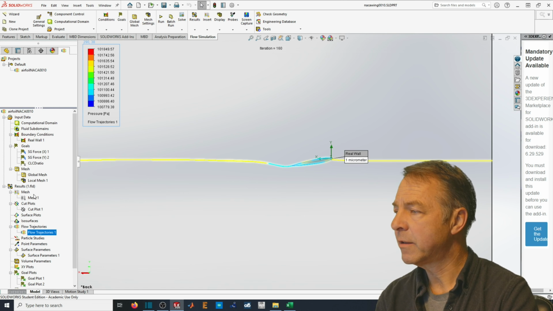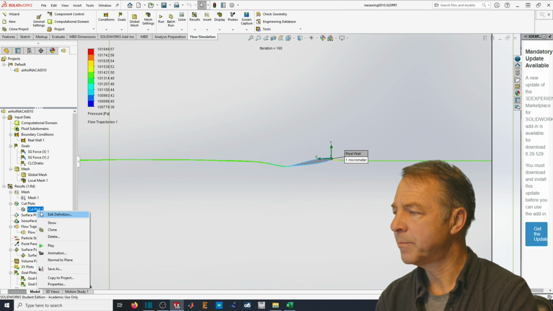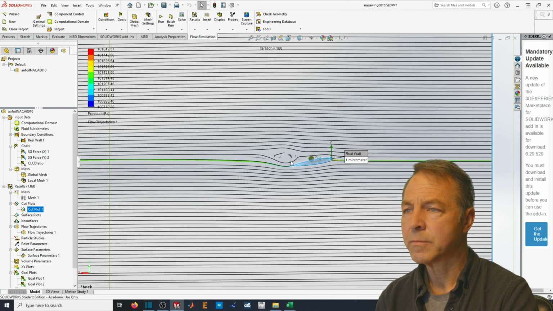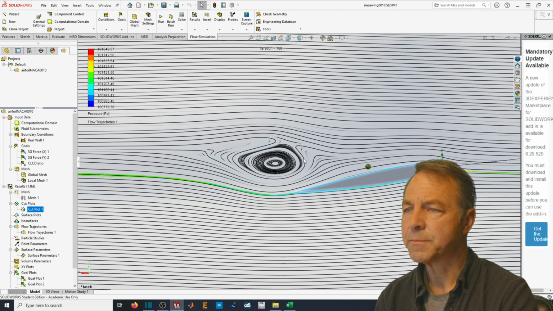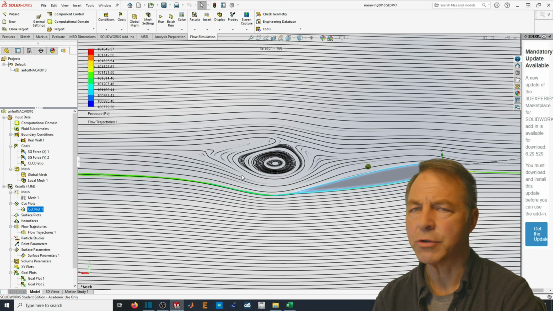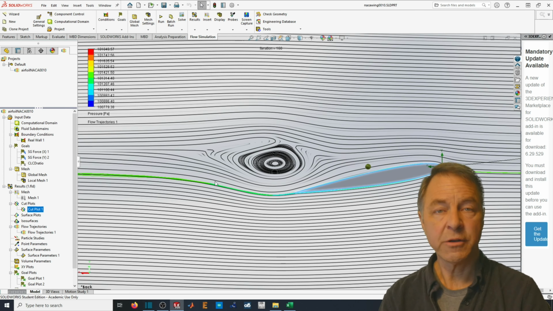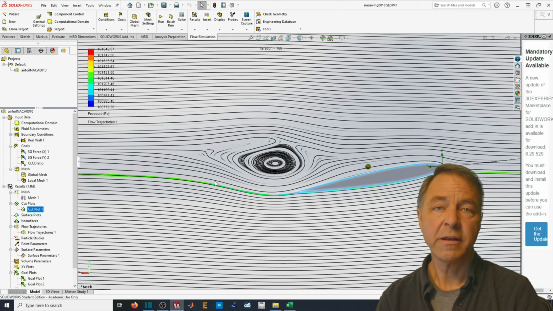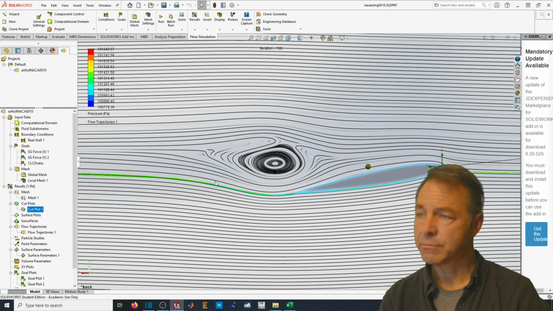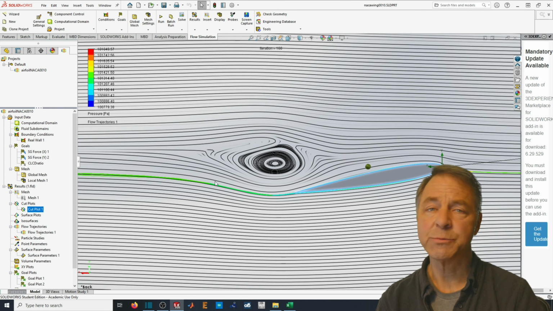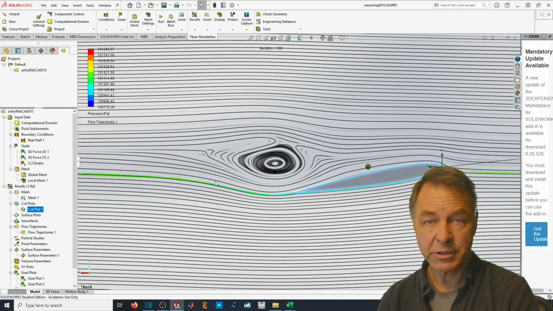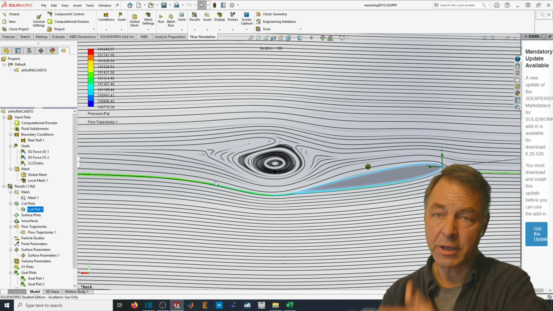If we look at the cut plot, look at this. It's simulated this crazy vortex here in this strange location. And if we looked at each iteration, we would find that that crazy vortex comes and goes in odd ways, which is the reason why our solution ratio of lift to drag was going up and down and up and down.